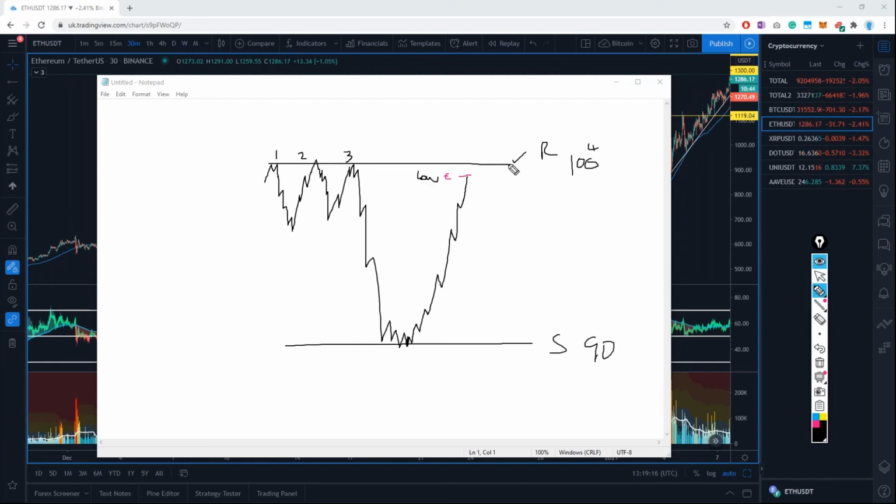Now, generally, what you're going to find is, let's take a sample size of 20 trades. By taking this sort of low probability setup 20 times, I've got a hit rate of, let's say, 20%.